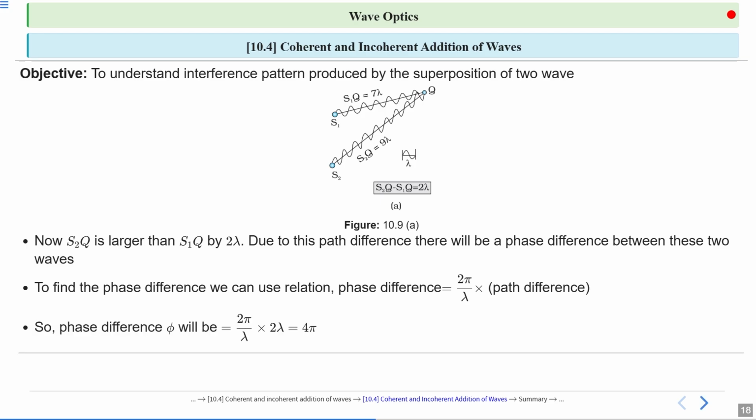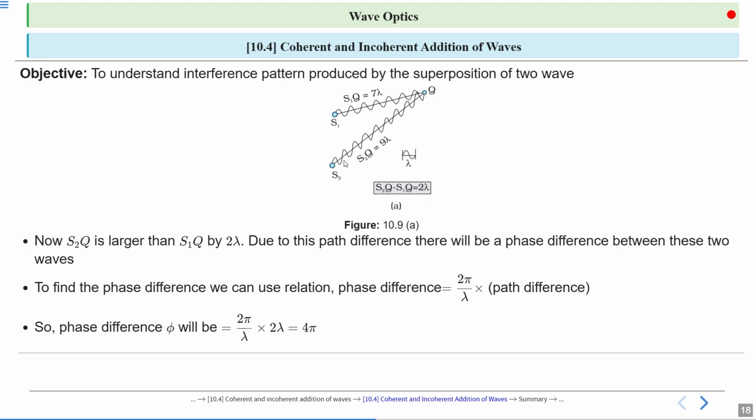So the phase difference, represented by phi, will be 2 pi upon lambda multiplied by the path difference, 2 lambda.